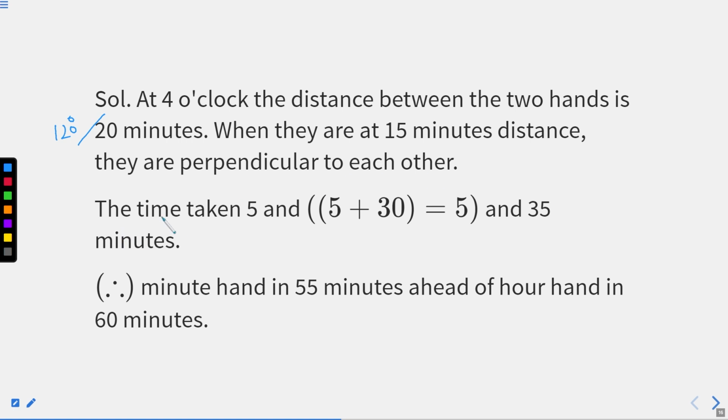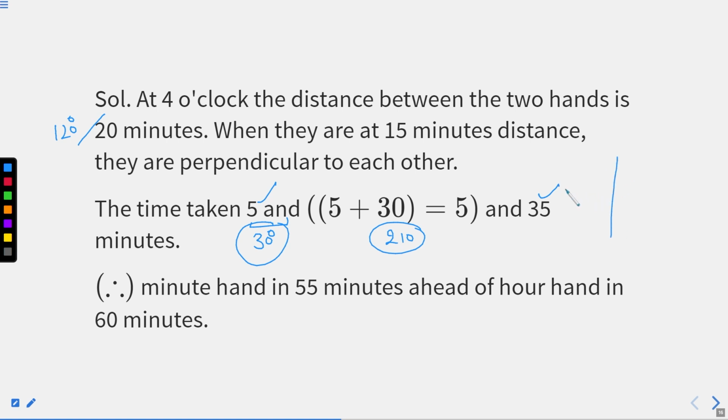So the time taken is 5 minutes, which means 30 degrees. This is our first case. The next is 30 plus 5, 35, right? For 35, it will be 210 degrees. So if we talk in minutes, it will be 5 minutes and 35 minutes.